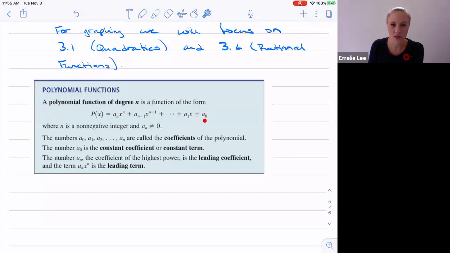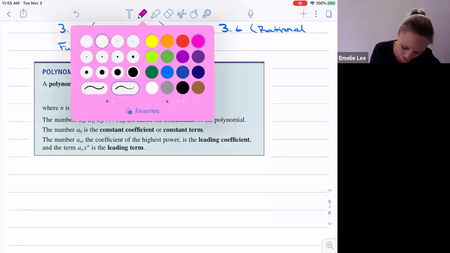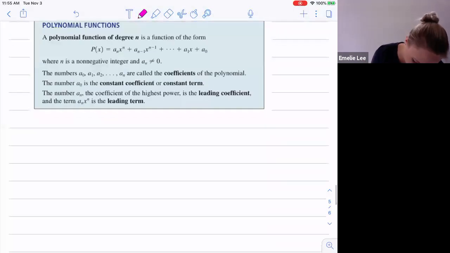And a subscript n is called the leading coefficient. And the leading coefficient and the leading term here determine the overall shape or the end behavior of this graph. So that's what I want you to take away from this section here.